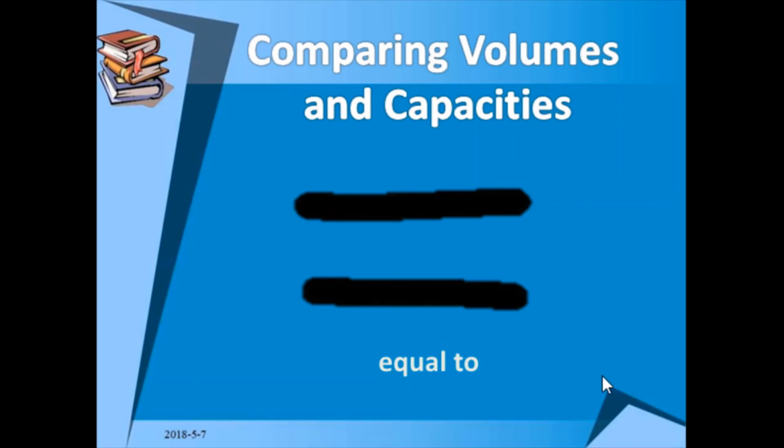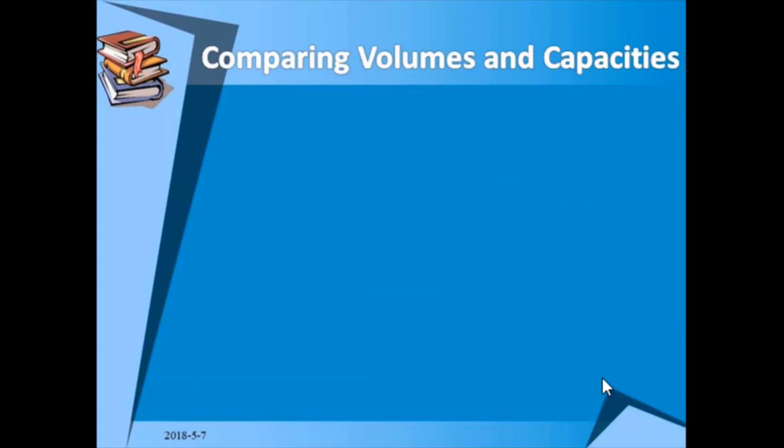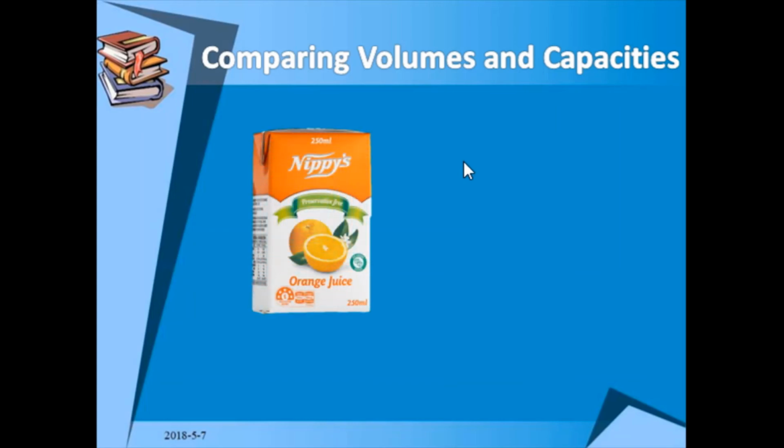Alright? Okay, very good. Now let's start comparing volumes and capacities of goods and containers. For instance, we have this box of orange juice from Nippy. The Nippy's juice is 250 ml. As you can see over here, can you see it?